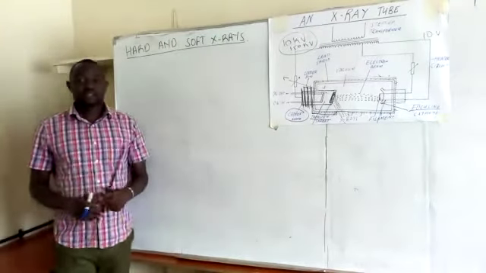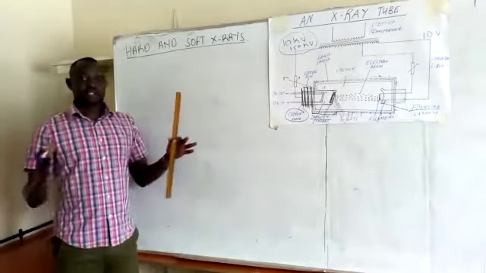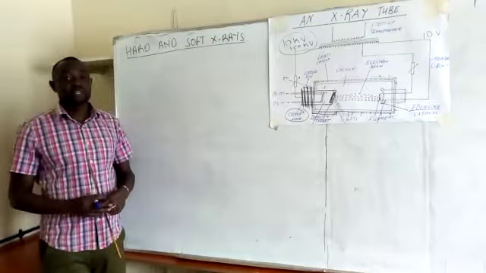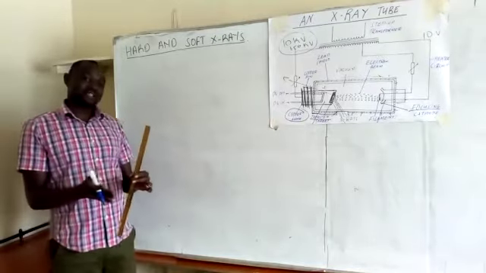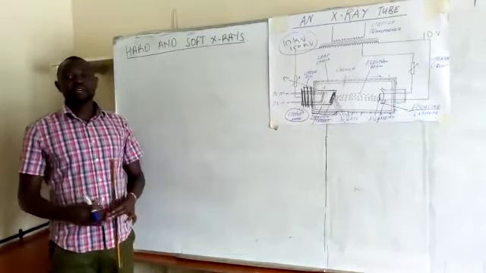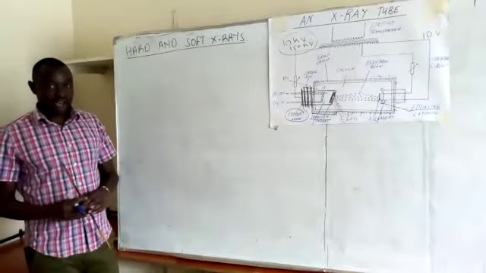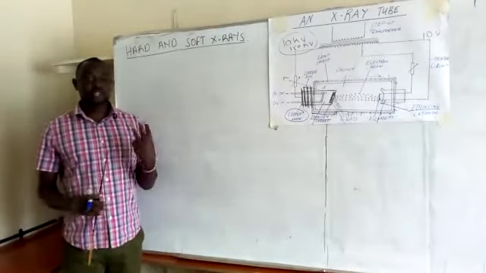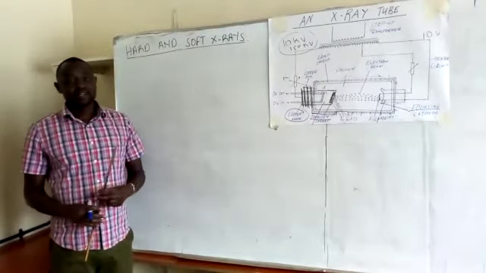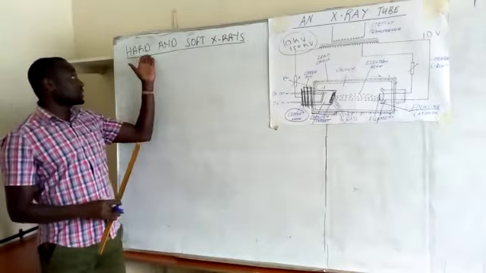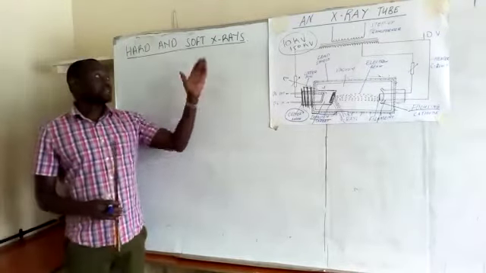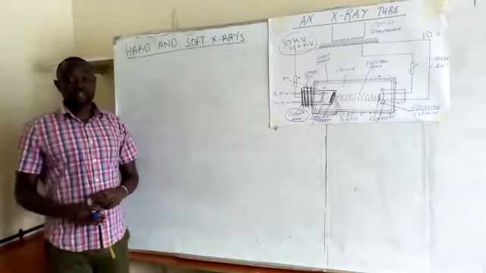So we've seen that X-rays do exist within a range of wavelengths, and definitely within a range of frequencies. This time we want to look at two types of X-rays that we call the hard X-rays and also the soft X-rays.